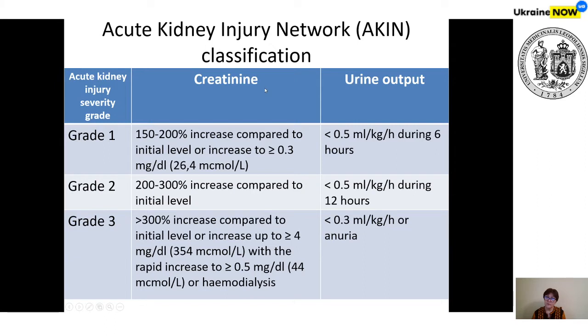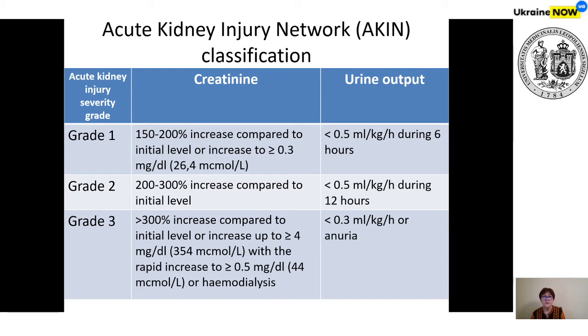Creatinine level is a more dominant sign than urine output. So, grade 1 is when creatinine is increased 1.5 up to 2 times compared to the initial level, or increased by 0.3 milligram per deciliter, and urine output is less than 0.5 ml per kg per hour during 6 hours.